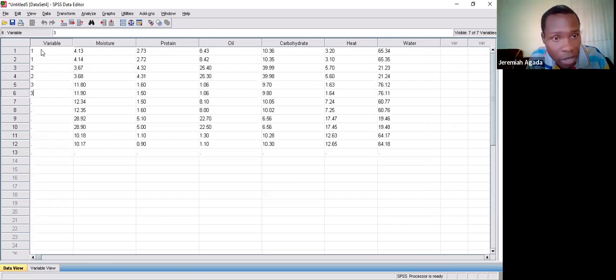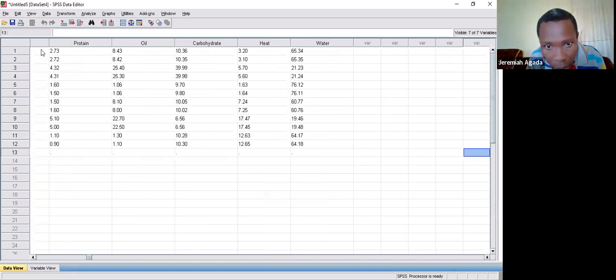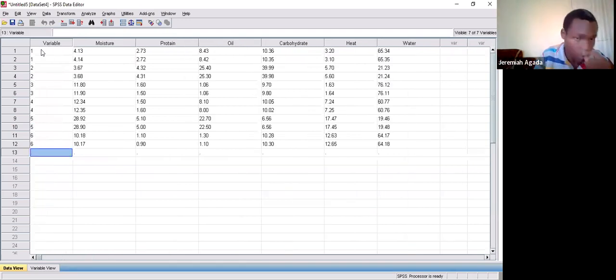You know, they are replicates, so double, 4, 4, 5, 5, 6, 6. I think that is all. I'm seeing a decimal place here. Okay, there's nothing there.